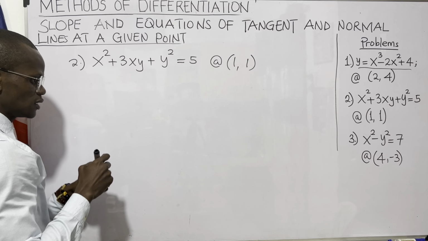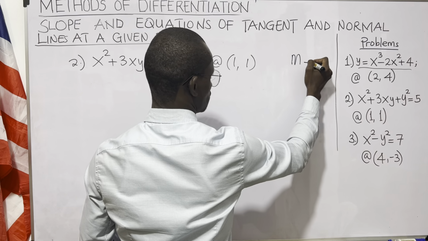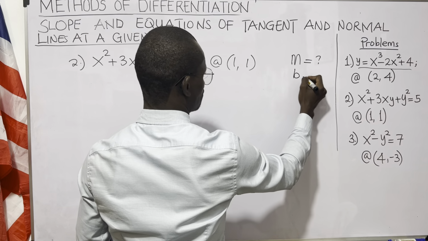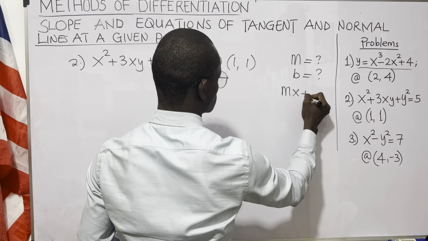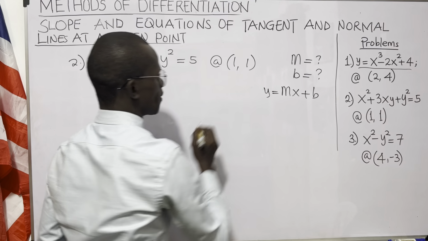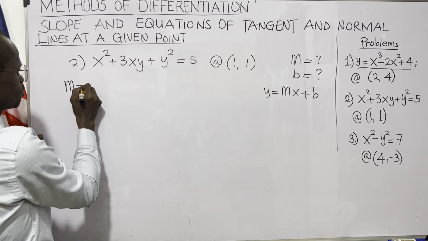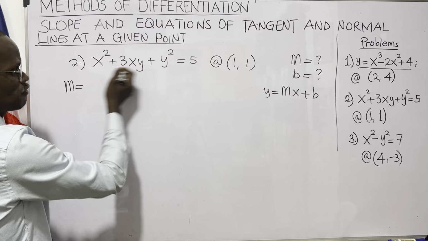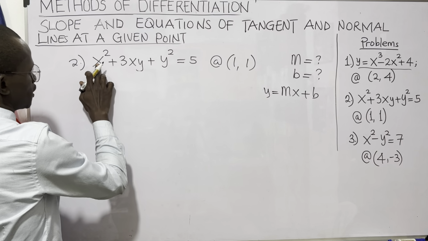Those are the things that we must find. The derivative, which is the slope, and we also need to find b from the equation mx + b = y. So we want to find m first. We know that m is equal to the slope, the derivative of this expression. So let's find the derivative.